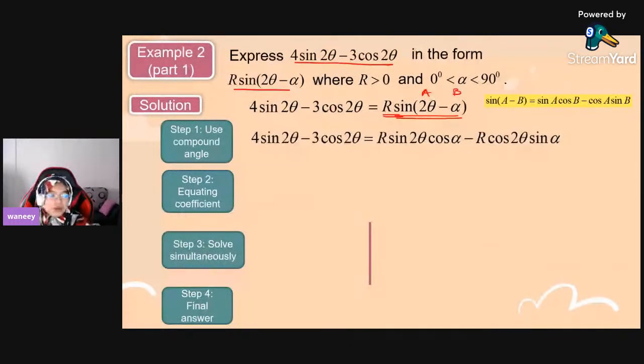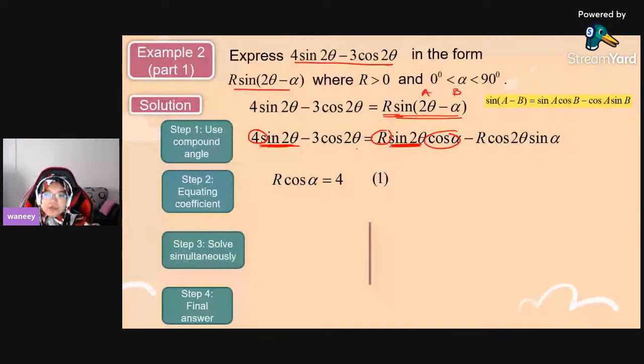And then equate the coefficients. So compare. The left hand side, I do see something with a sine, so sine 2 theta. So do check on the right hand side where is the sine 2 theta. So this is sine 2 theta. So if you highlight them, you should be able to see that the 4 is equal to r cos alpha. So r cos alpha is equal to 4. And that is the first equation.